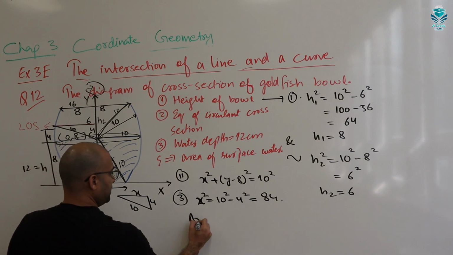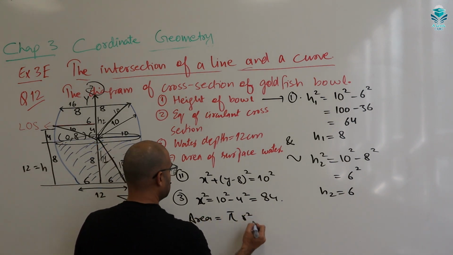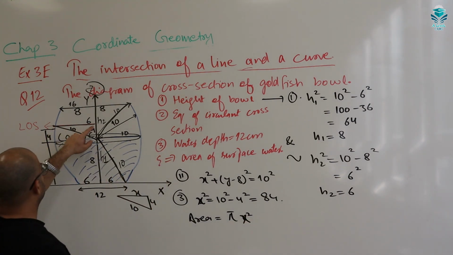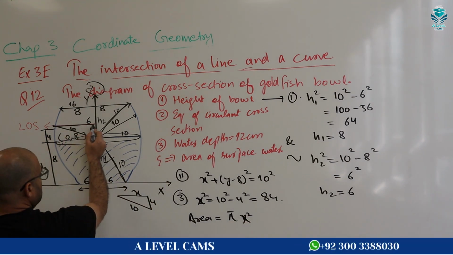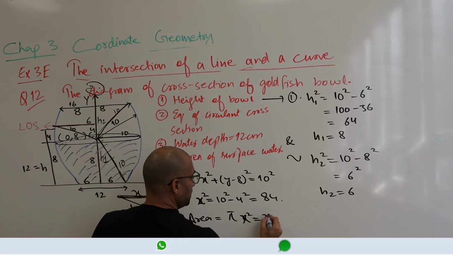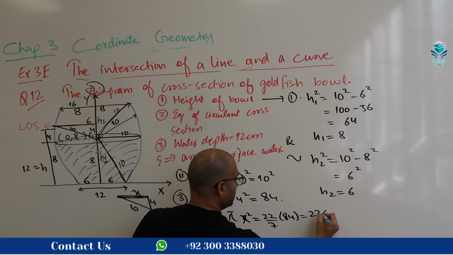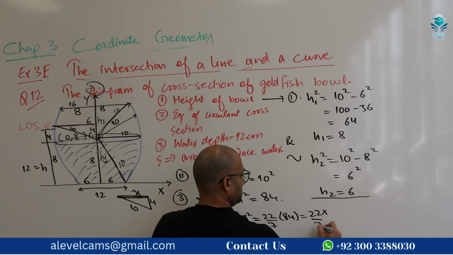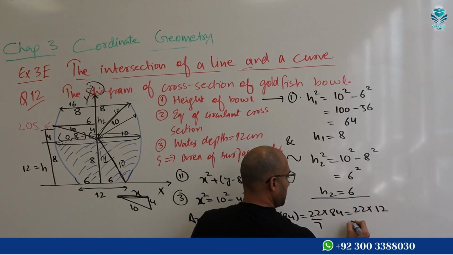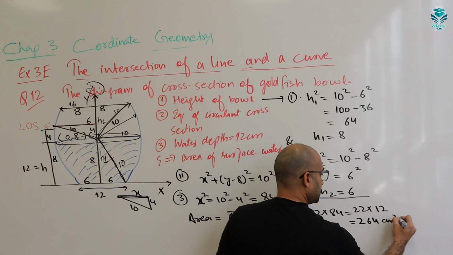So the required area is pi r squared, that is pi x squared, which is this one, which is x. So pi is 22 by 7 into 84. You have 22 into 12, which is 264 centimeters squared.